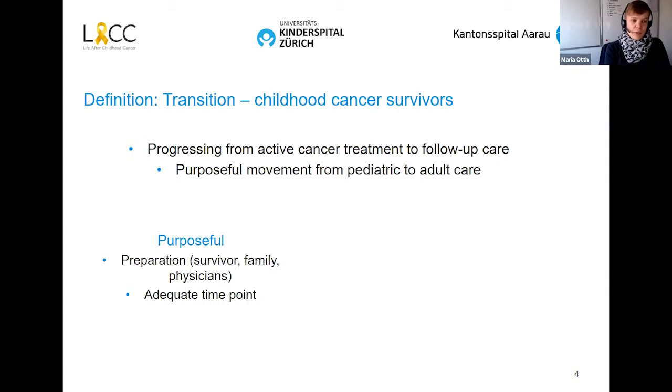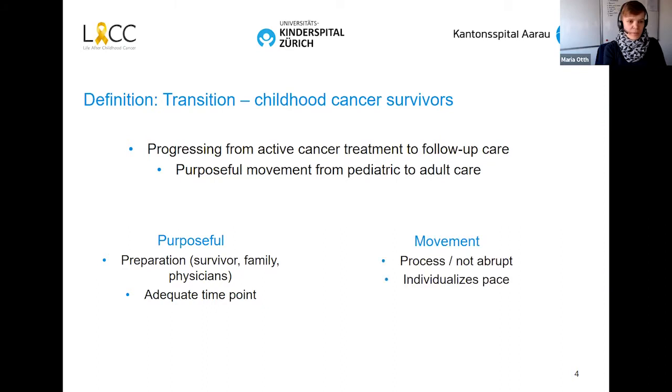An adequate time point also has to be found. It's not possible to say at age 18, now you're an adult and now you transition. And then the term movement, because it's not an abrupt thing that happens from one day to another, but rather a process, and that also takes place at an individualized pace.